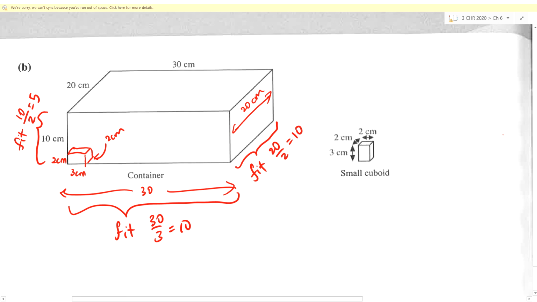In this configuration, by arranging it this way, there's no extra space. So I can have the maximum. Okay, so here we have maximum number equals to 5 times 10 times 10. 500.